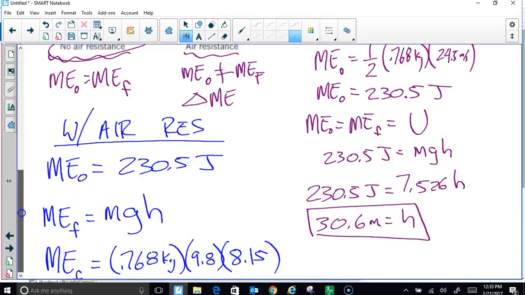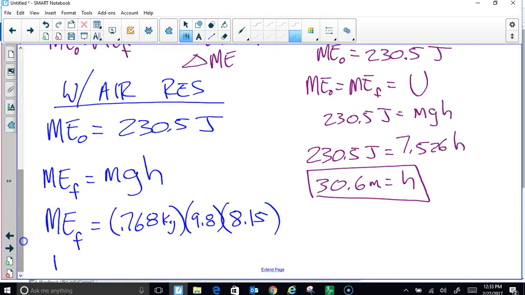Yeah. So I can figure out the final mechanical energy. 61.3 or so.